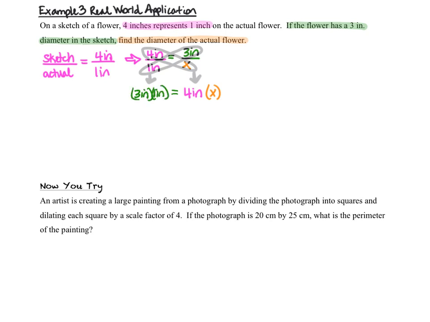Now at this point, we want to divide both sides by 4 inches so that we have x equals. So we end up with x is equal to 3 inches times 1 inch divided by 4 inches. And of course, we can see that we've got an inches unit in the numerator, an inches unit in the denominator, so we can divide that out 1 for 1. And then we're going to end up with a final answer of the actual flower's diameter is 3/4 of an inch.